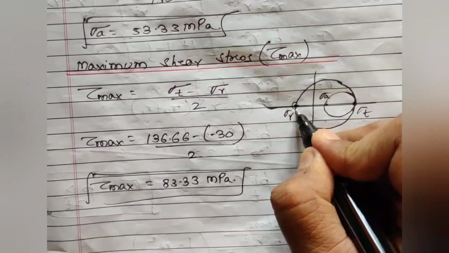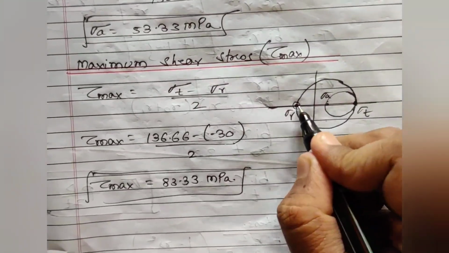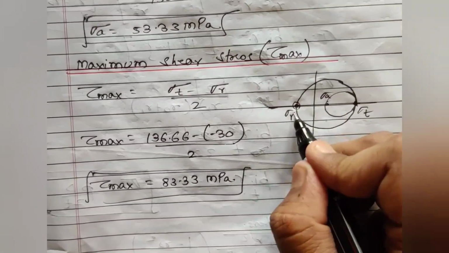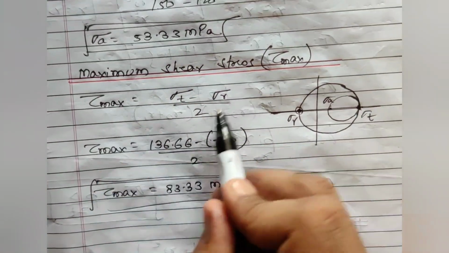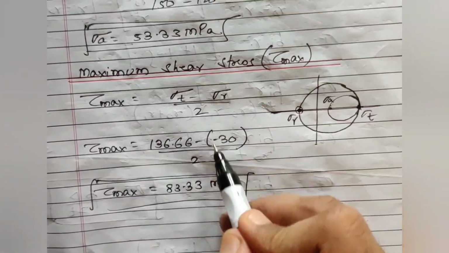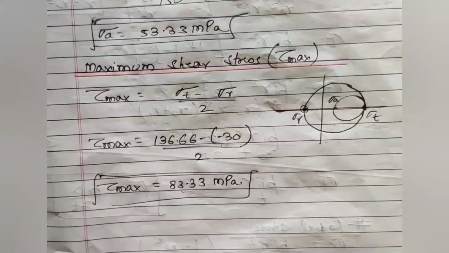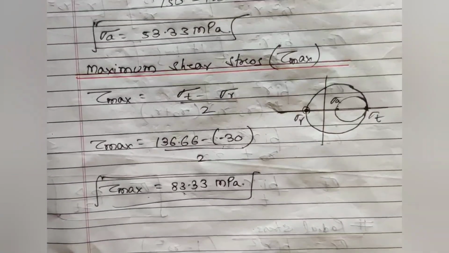If you try to plot the Mohr circle, you will see the largest circle will pass through sigma t and sigma r. So it will be (sigma t minus sigma r) over 2 will be your maximum shear stress, and sigma r is compressive, so minus becomes positive, and maximum shear stress will come out to be 83.33 MPa in this case.